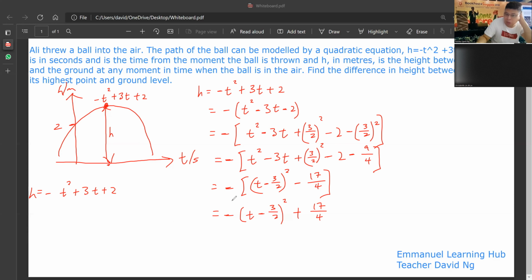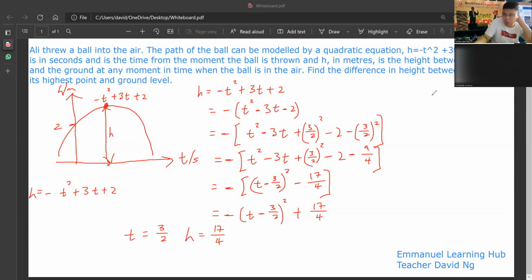And the time when it is at the highest point. Okay, when this bracket is 0, t is 3/2 second. h is 17/4 meter.